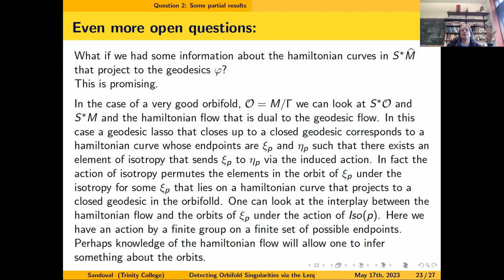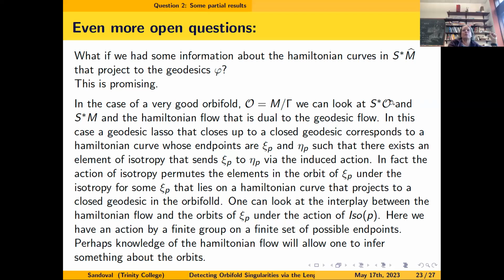So this is what happens in the case of a very good orbifold. In the more general case, there's something that plays the role of the cosphere bundle to M and the cosphere bundle to the orbifold. And that's something I've used previously in papers several years ago.